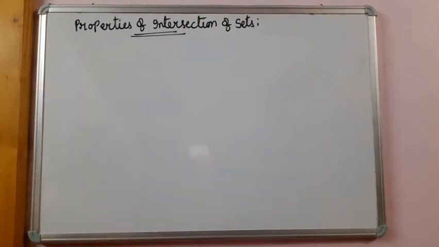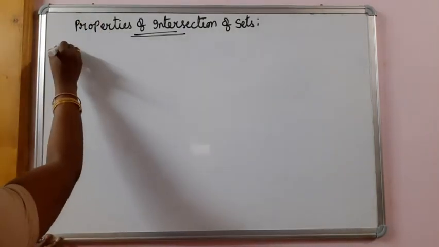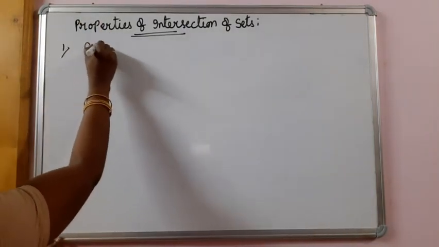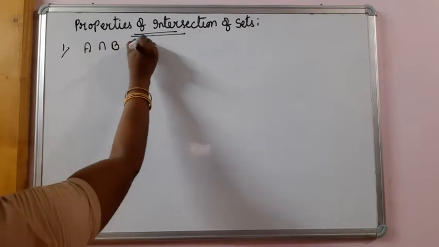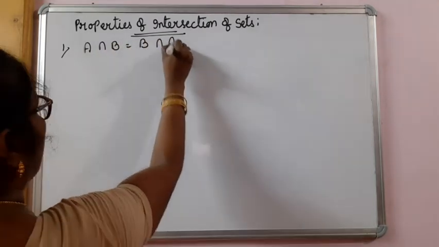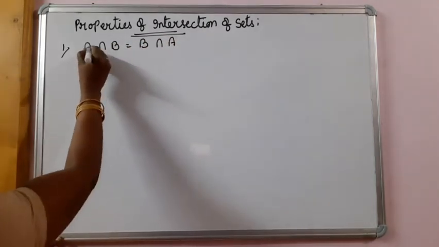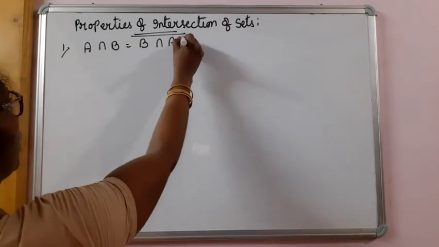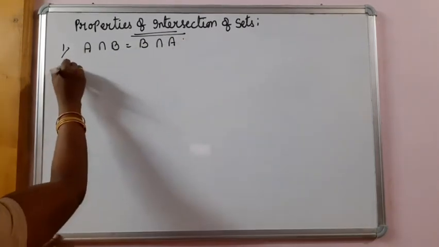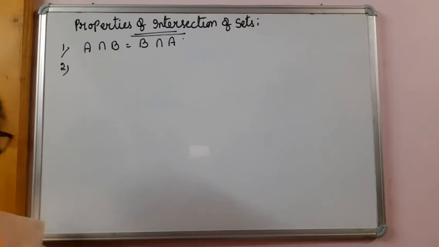So the properties of intersection of sets, just like union. Your first property is A intersection B is equal to B intersection A. That means intersection of sets is commutative. Okay, the order does not matter.